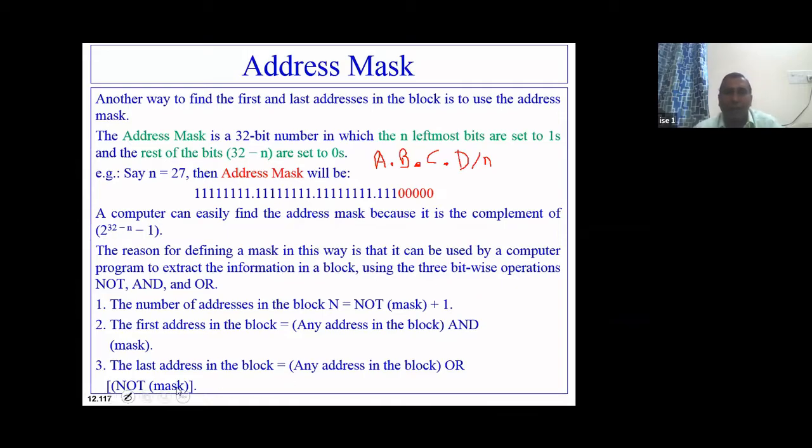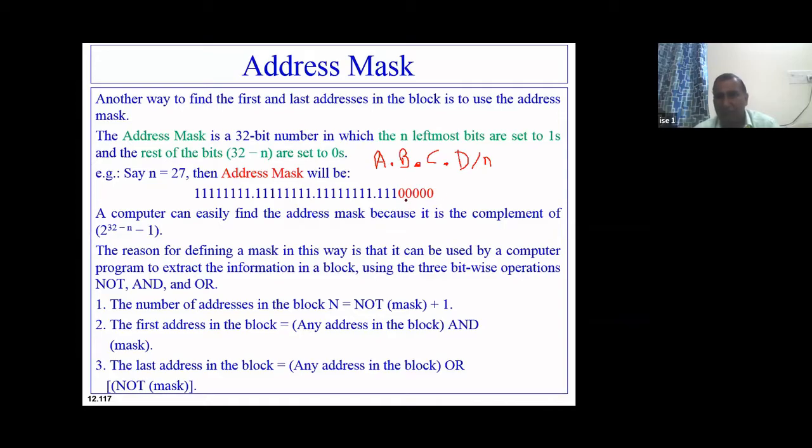Got the idea? Now, next is the first address in the block. It is nothing but any address that is given in the block, that is A, B, C, D, these are 8 bits, 8 bits, 8 bits, 8 bits, any address in the block. And then you have to AND it with the mask. This is the mask address, and for any address, the mask will depend on the prefix size. If the prefix is 21 bits, then 32 minus 21 is 11 bits.